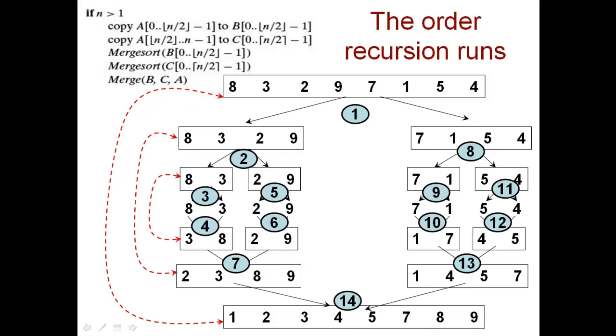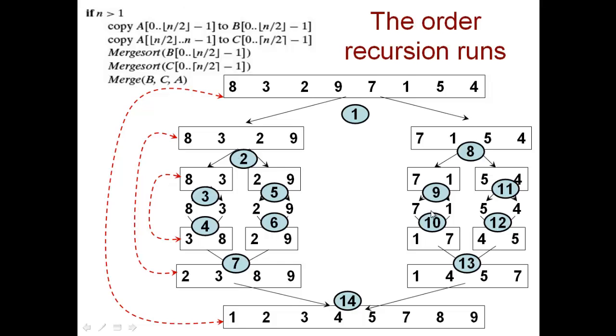So this is equivalent to calling merge sort of B on 8, 3, 2, 9, and you have merge sorted it. And then now you call merge sort on C, which is 7, 1, 5, 4, and you go through the sorting process. So you split this into 7, 1 and 5, 4, then focus on the left subarray, which is 7, 1, split it into 7 and 1.